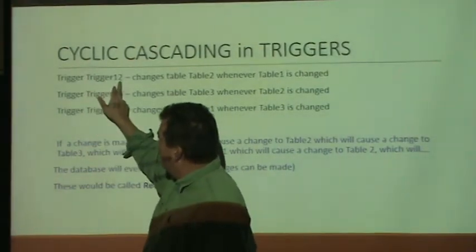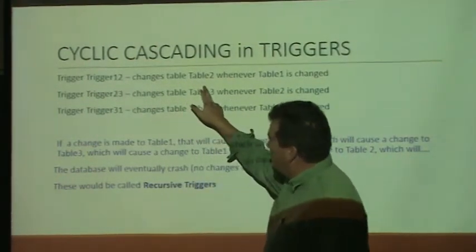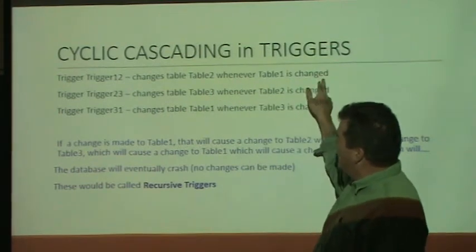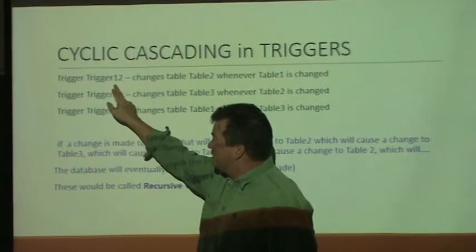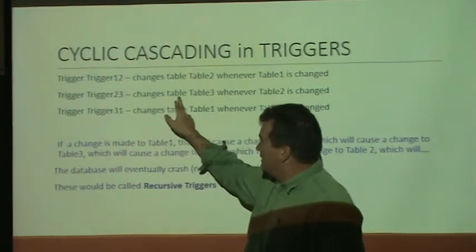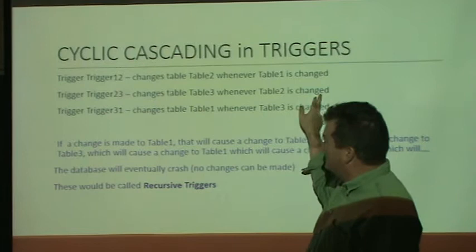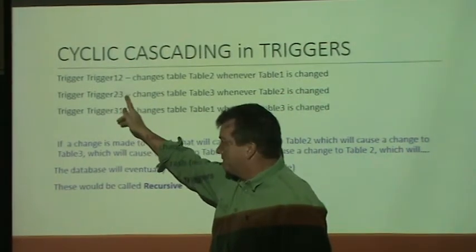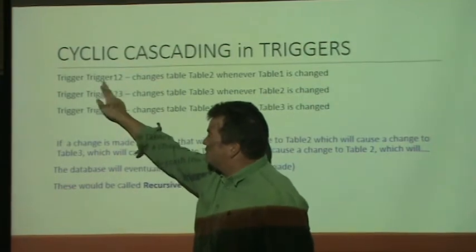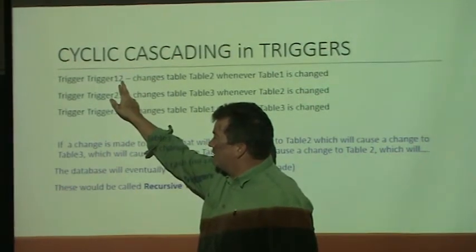Okay, so one thing we don't want to do is have a situation where, let's say, trigger 12 changes table 2 whenever table 1 changes. Trigger 23 changes table 3 whenever table 2 changes. That's where these numbers come from. So a change to table 1 triggers a change to table 2.